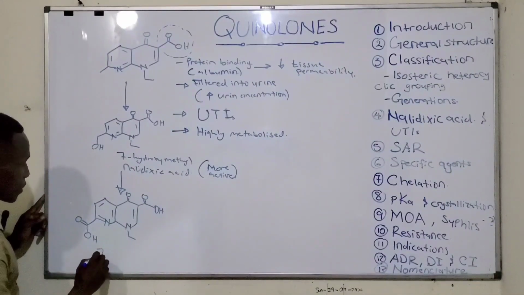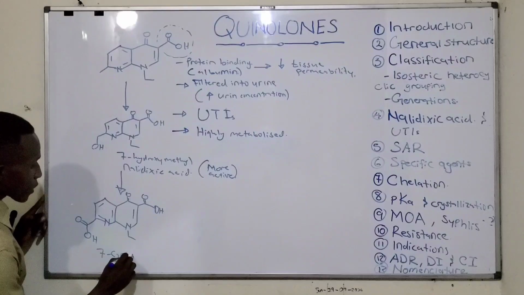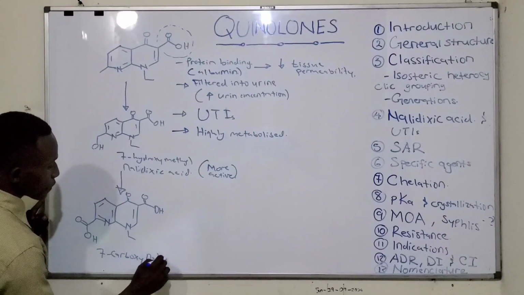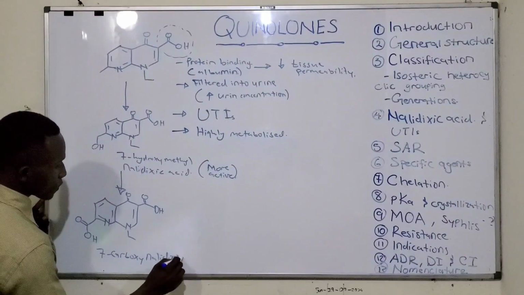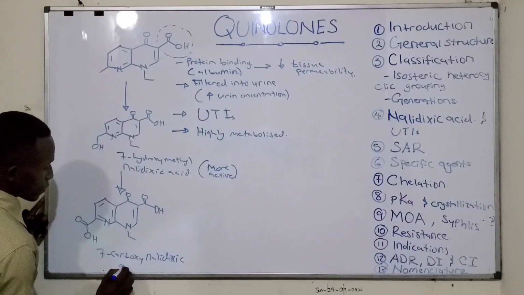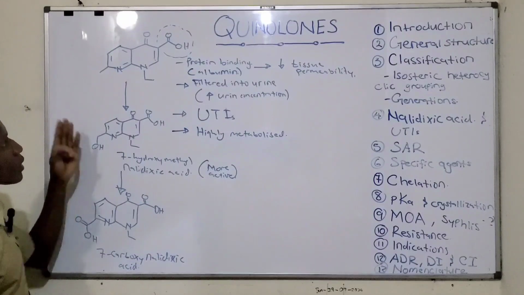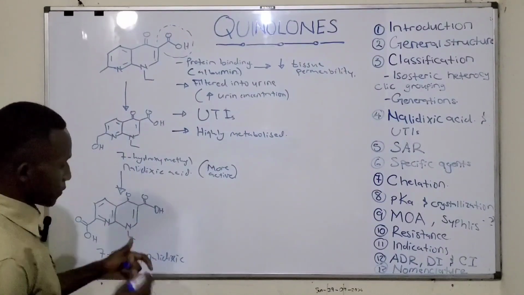This is the 7-carboxy nalidixic acid. So this is the metabolism of nalidixic acid.